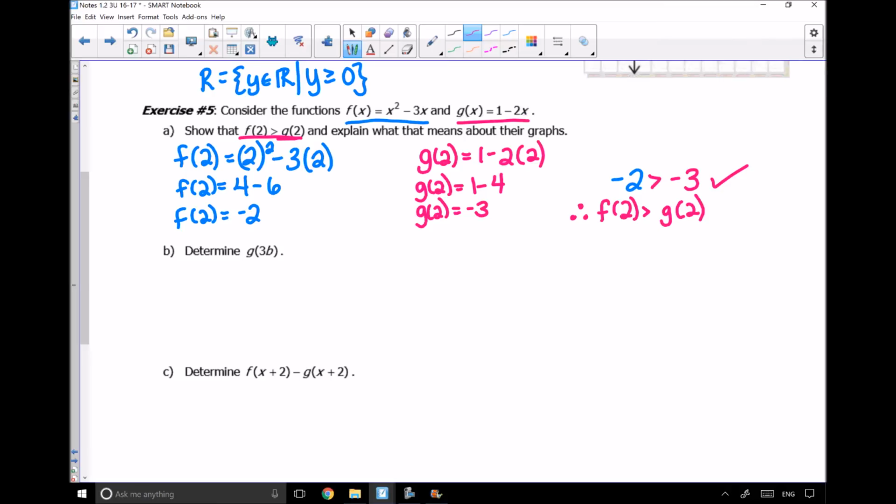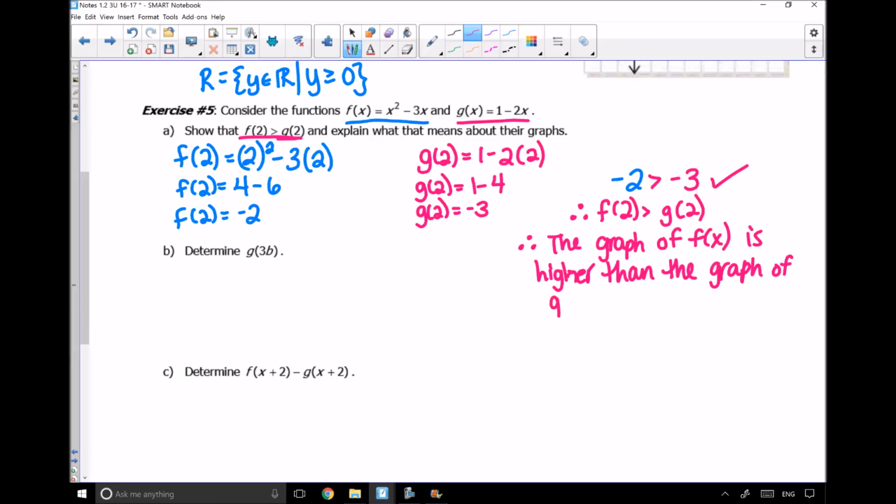Now, what does this mean? That means that I can conclude that the graph of f of x is higher, because it's greater than the graph of g of x when x equals 2.